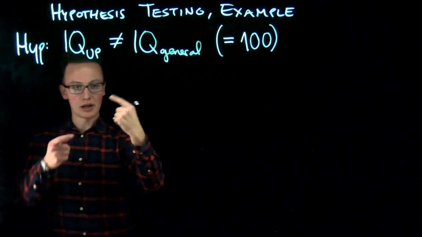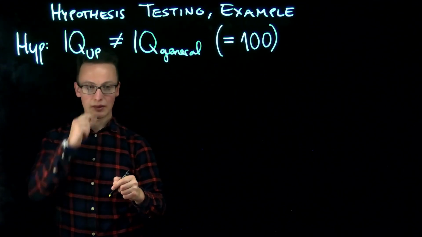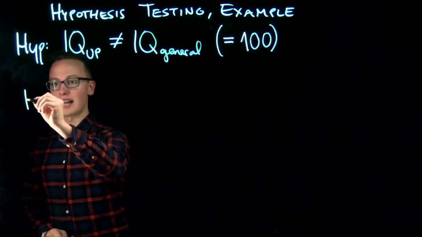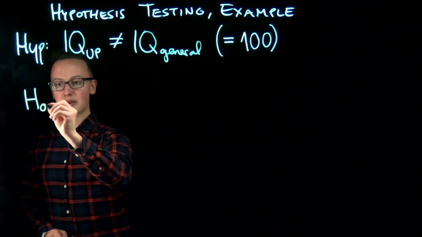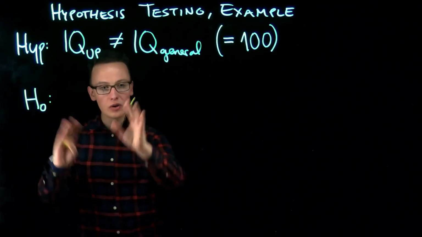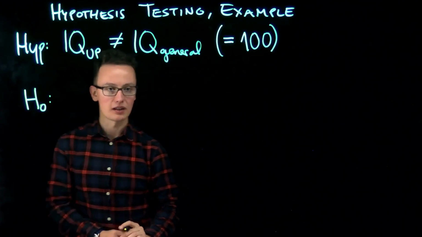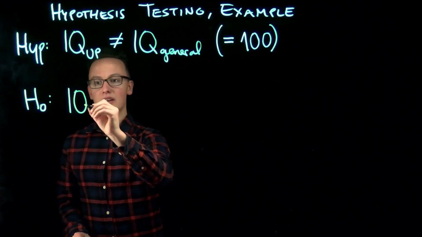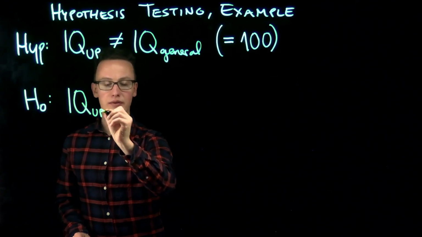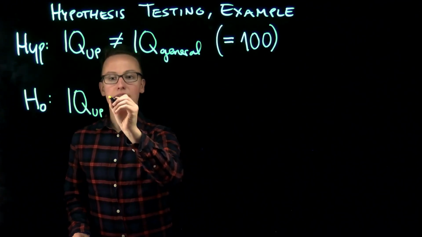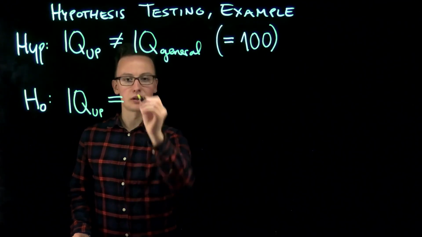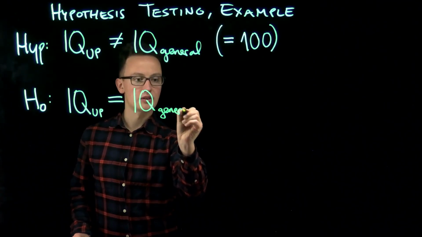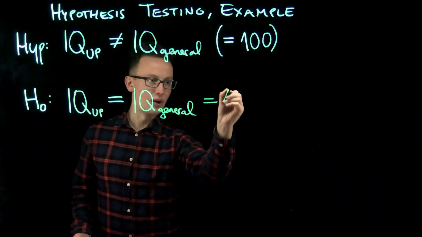But first we have to actually reverse our thinking and think about what we want to disprove or reject, and that is the so-called null hypothesis. So the null hypothesis basically says no, there is no such difference of the kind that we hypothesize. Okay, so the null hypothesis assumes that the IQ of Uni Potsdam students, on average of course, is exactly equal to the IQ of the general population on average, which is, well, 100.